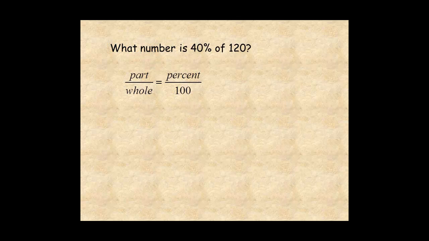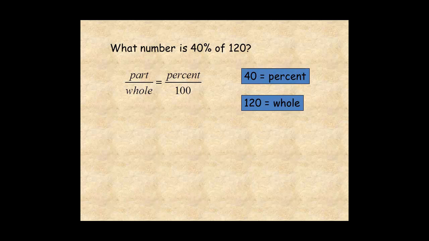The second example, what number is 40% of 120? For this question, 40 is the percent, 120 is the whole, and you need to find the part. So the proportion is part over 120 equals 40 over 100.